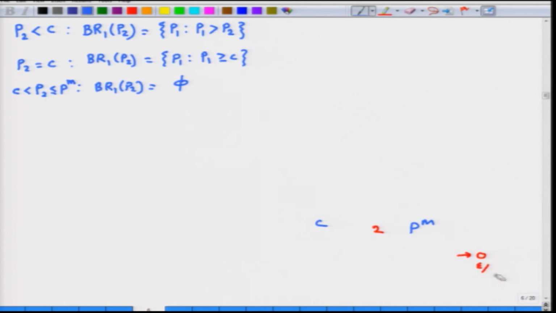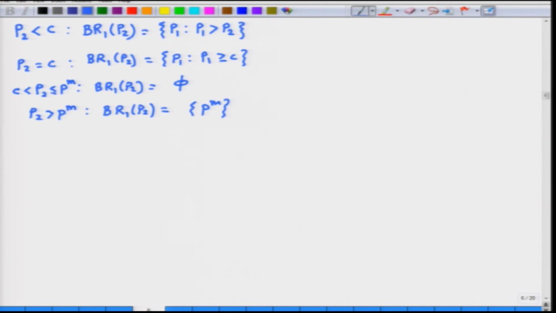So, there is no best response for firm 1. Finally, when firm 2 is choosing a price which is strictly greater than the monopoly price, firm 1's best response is simply choosing the monopoly price.